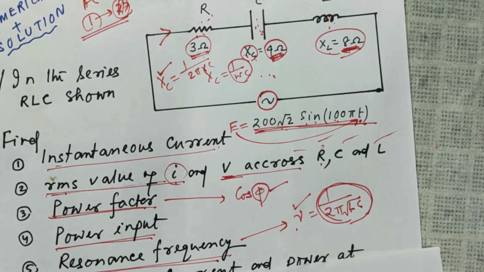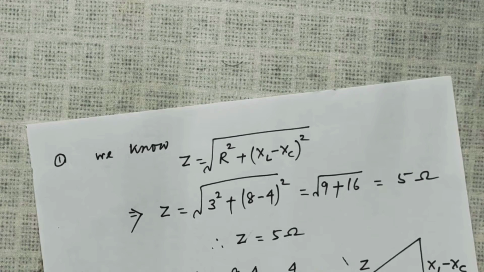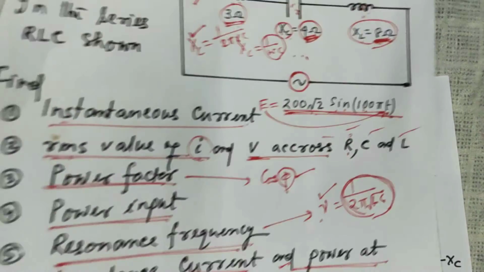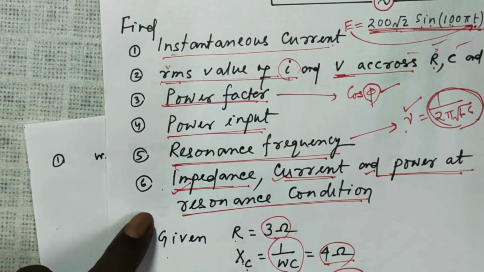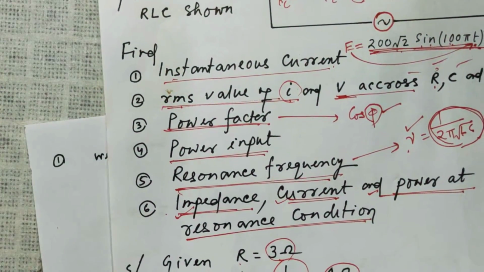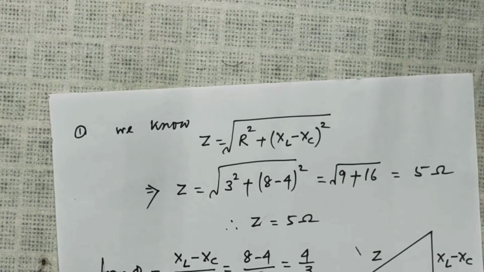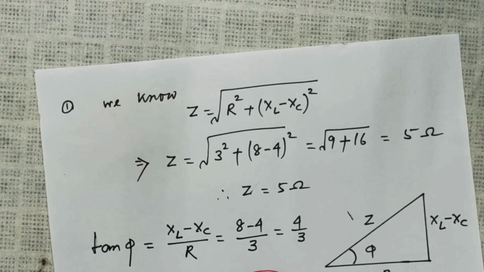Let us find out the instantaneous current first. Now look, the video will be lengthy, but after all we will be solving these 6 different things. So you can think as there are 6 different numericals in a single numerical. So let us find out the instantaneous current.